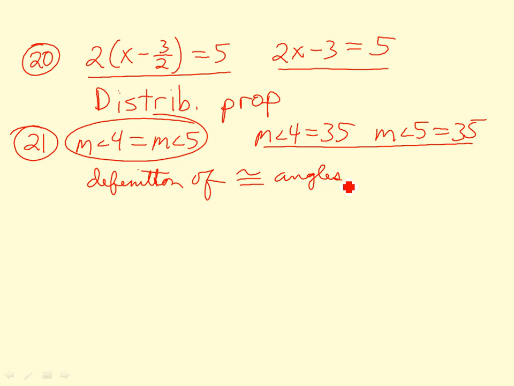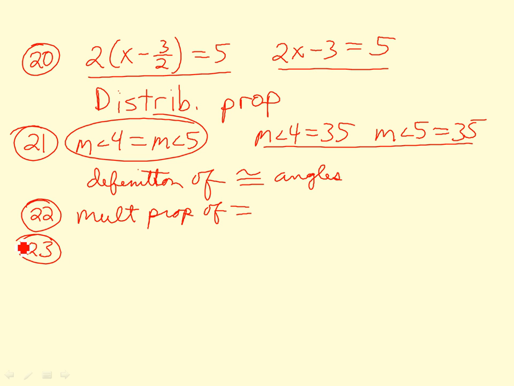Number 22, which property can be used to justify the statement that segment AB equals segment CD? We already did one like 22. What did they do to both sides of that equation? Multiplied by 2, right? So multiplication property of equality. 23 next.